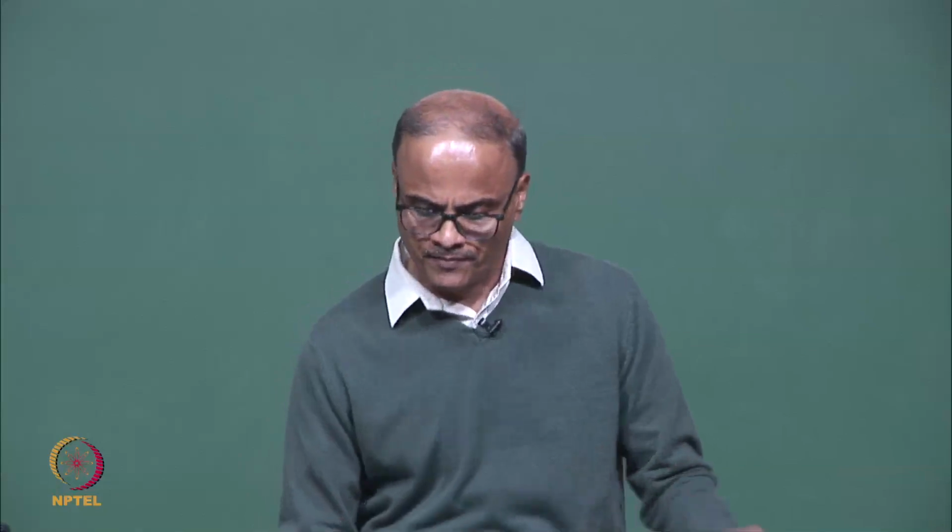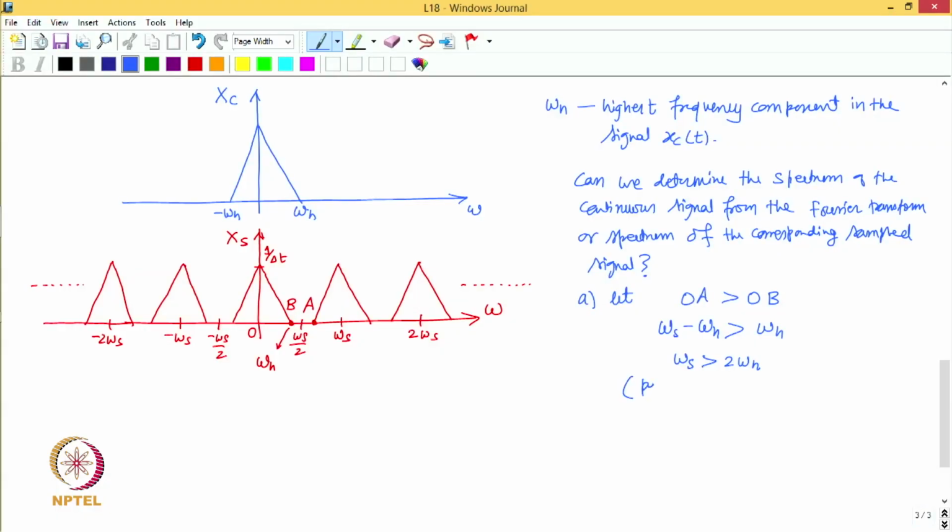The periodic copies of Xc(omega) do not overlap in the spectrum Xs(omega); they are separated.